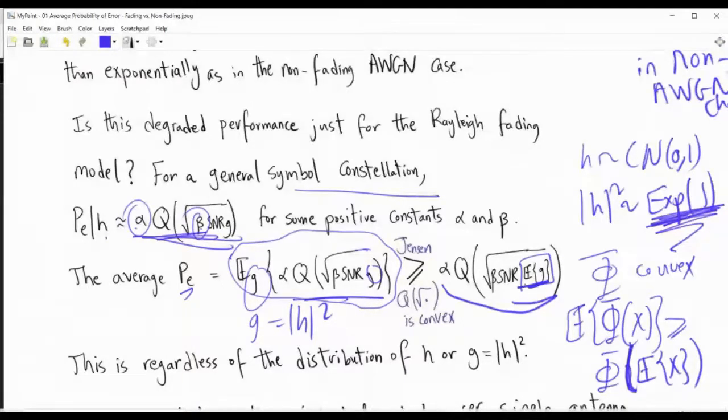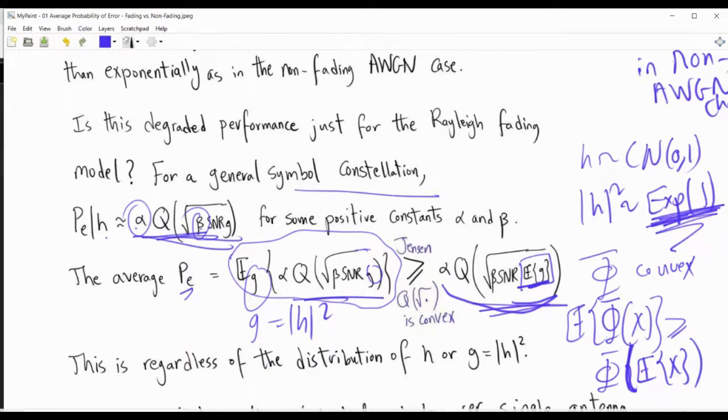So what we can say is that for any fading distribution, the average probability of error will be higher relative to the probability of error in a non-fading scenario in which the channel gain is fixed and has a value equal to the average gain in the fading case.